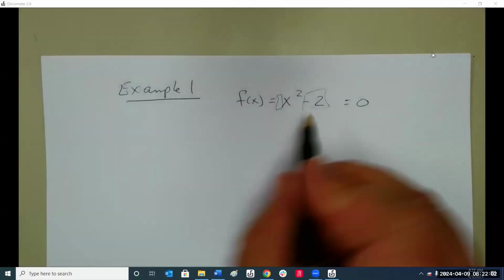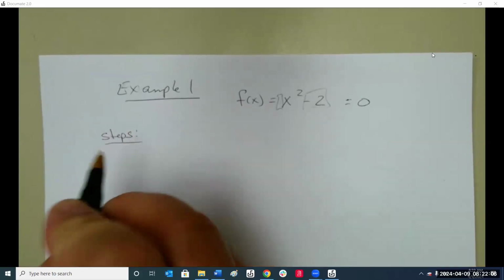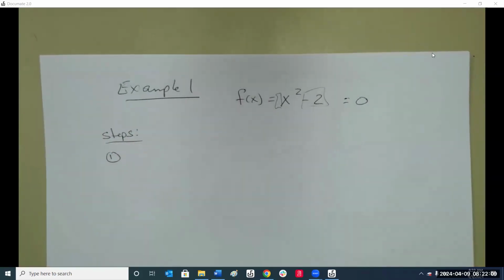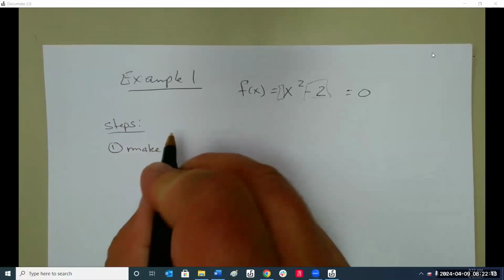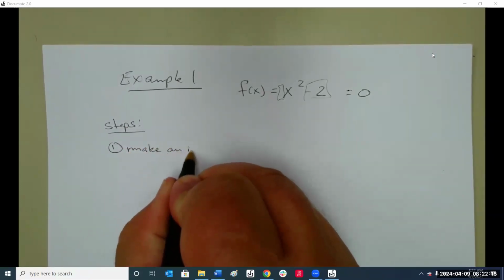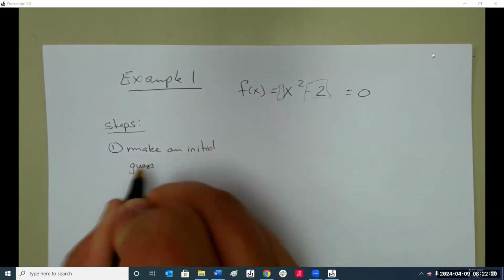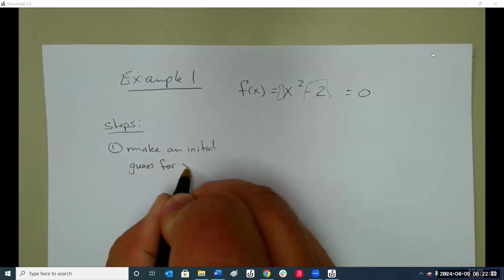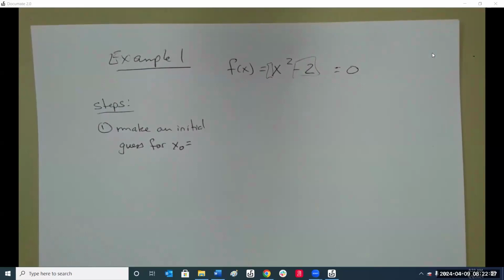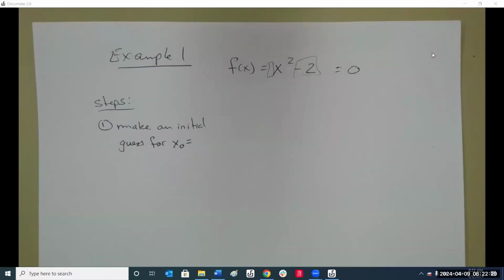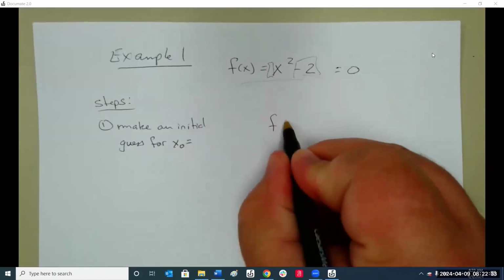So what we have to do here are the steps. Make an initial guess for x sub 0. Remember, we're trying to solve this equation.